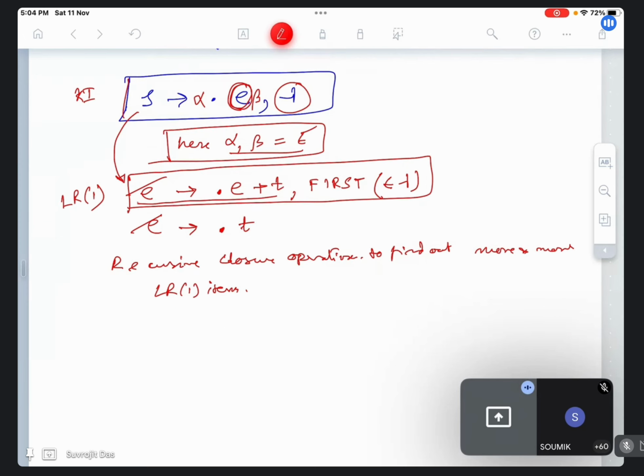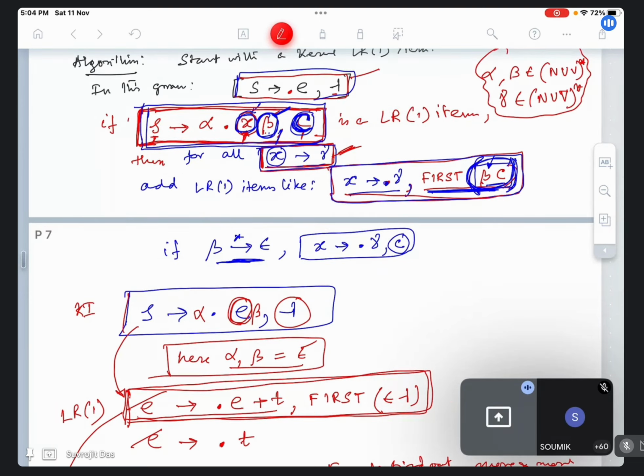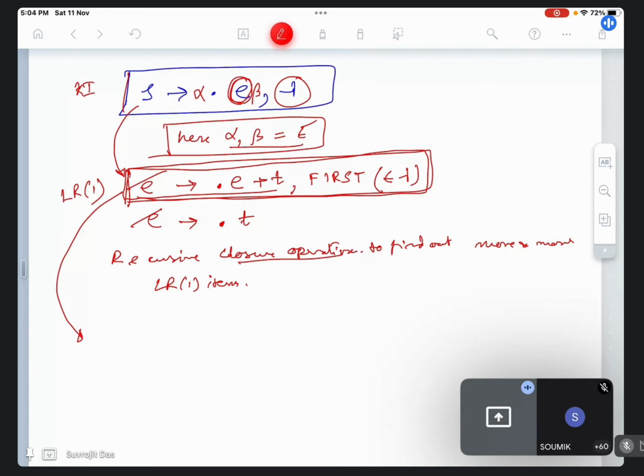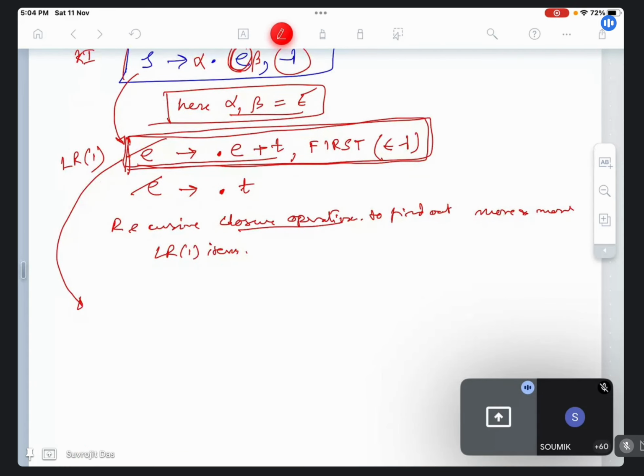Okay, for example, you have this as an LR1 item. Now I will apply the recursive closure formation algorithm again. This algorithm I will again apply to find out whether there are other LR1 items.